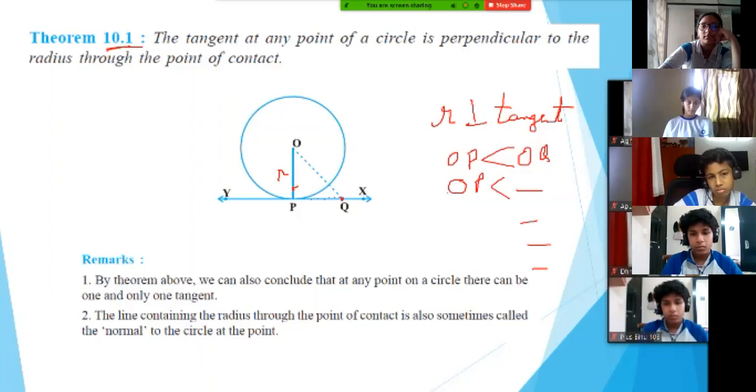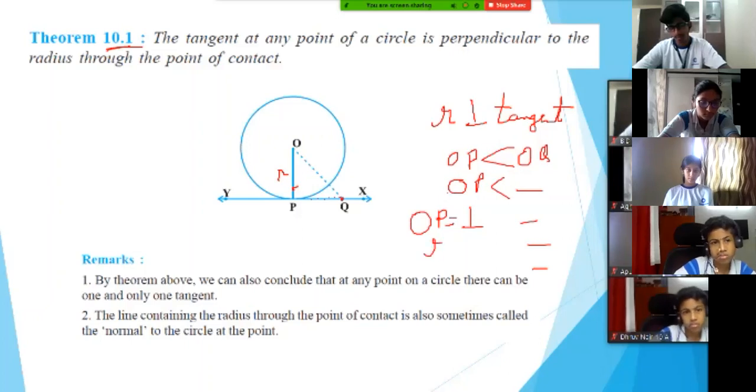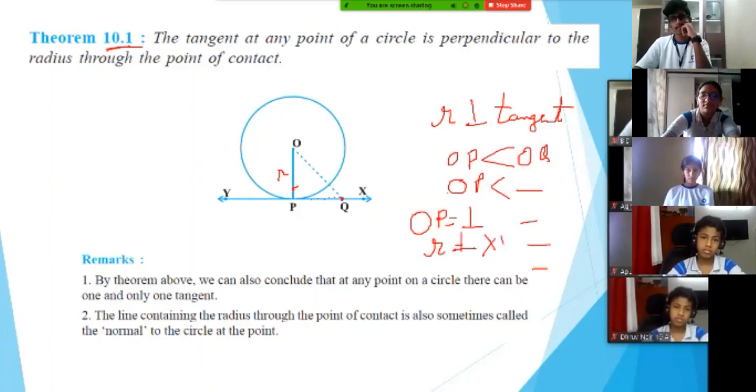That means OP is nothing but perpendicular. And since OP is the radius, the radius, which is the shortest distance, the perpendicular length from the point O to the point of contact, is perpendicular to the tangent XY. Okay, all of you?